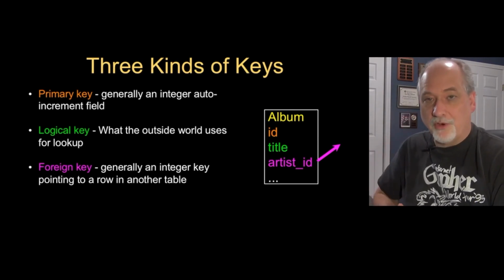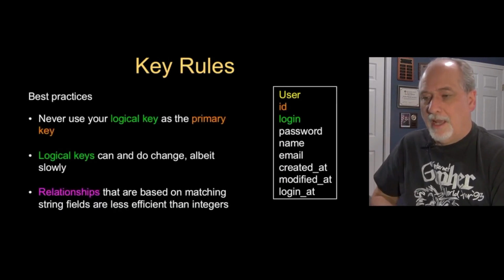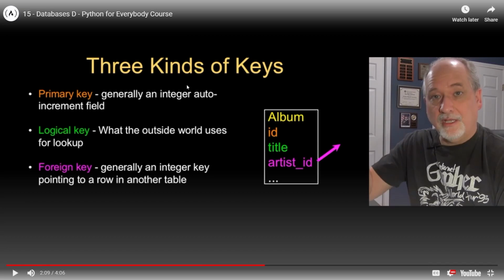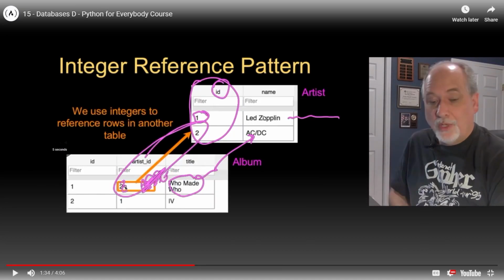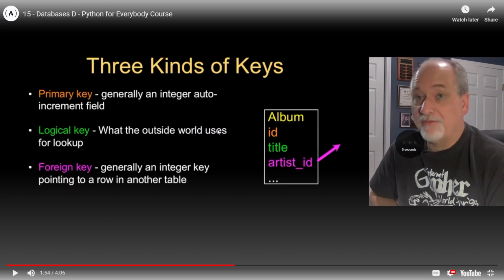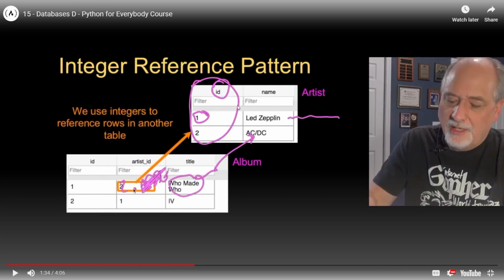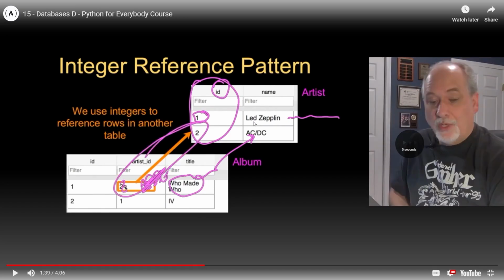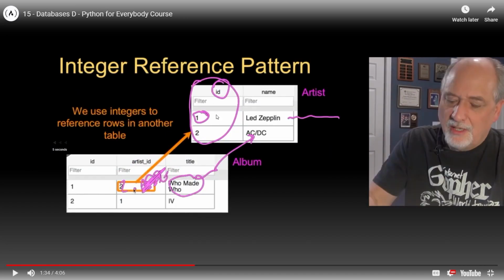So that's called a foreign key. All right. So ID would be the 1. Like, let's say we were looking at that thing over here. So this is the primary key. The title, this is the logical key. All right. And then the foreign key are these.